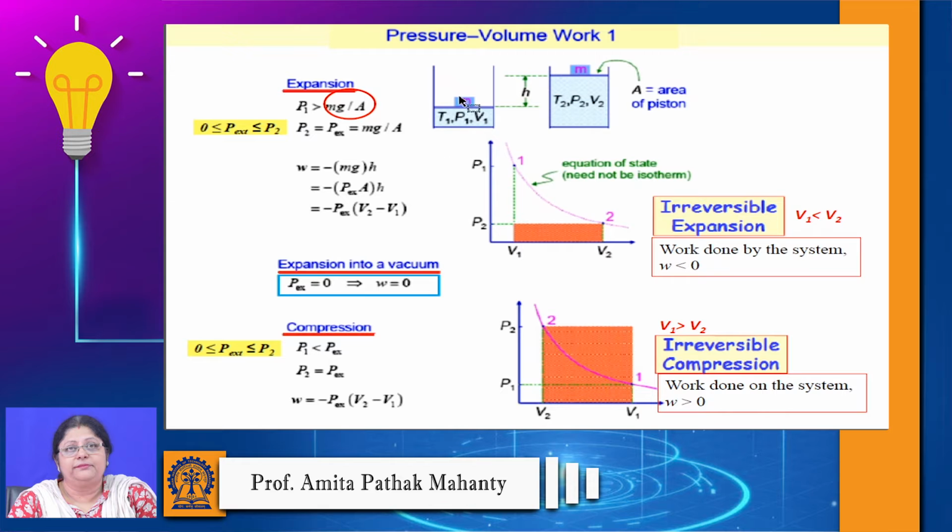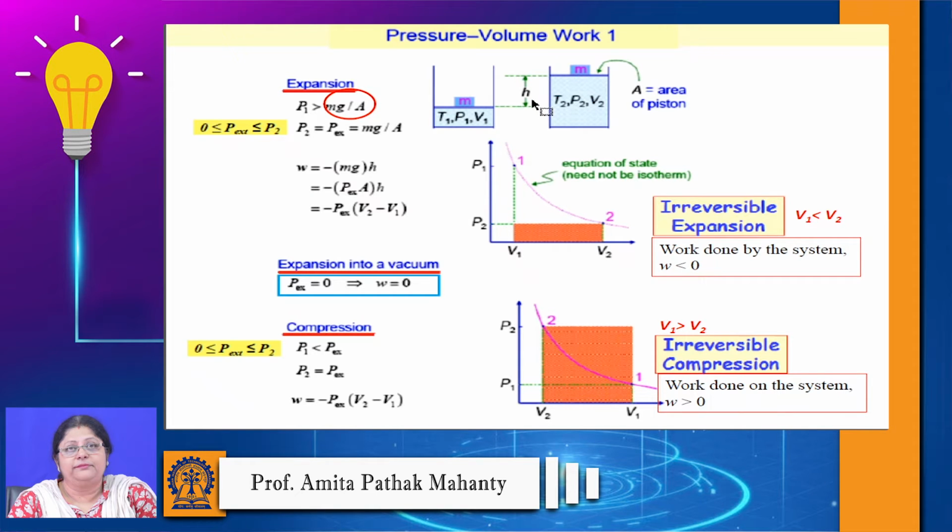So what happens? You have initially some mass and the gas is at one state of P, V and T: P1, V1, T1, and let it expand. Let it undergo a change in state so that the new temperature, volume and pressure values are T2, V2 and P2. Now you see this is expanded by some distance h.